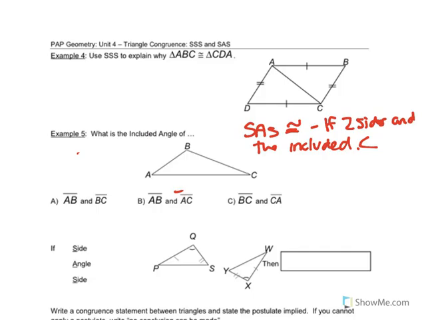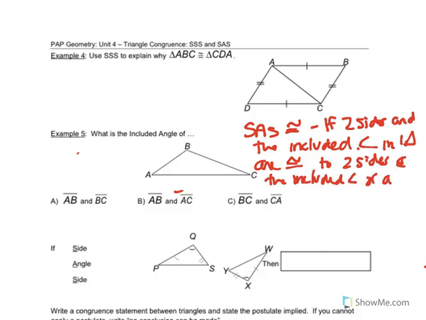So we have, if two sides and the included angle in one triangle are congruent to two sides and the included angle of another triangle, then the triangles are congruent.